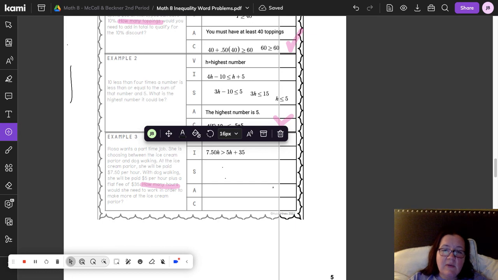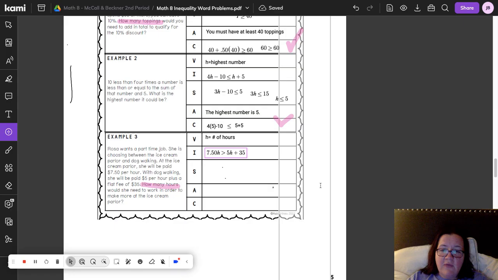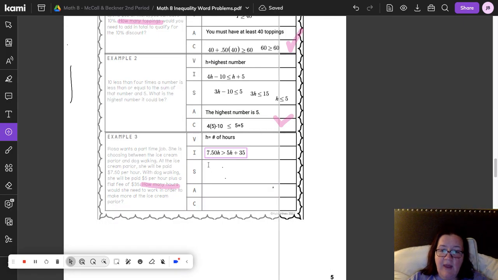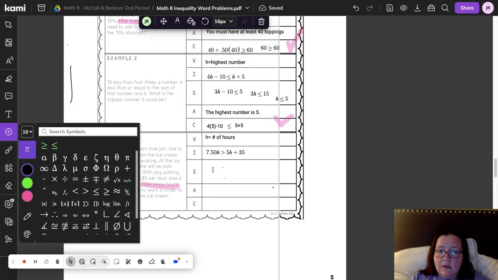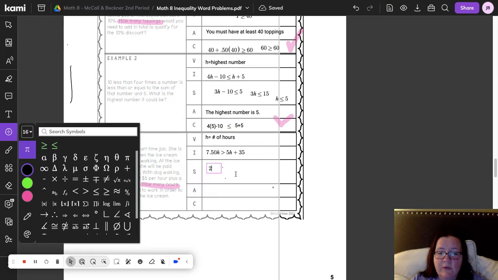Okay, so now we're going to go ahead and solve this. So first thing we're going to do is move that 5h to the left side. 7.5 minus 5, we're going to subtract 5h because we are combining those h's together and because it is a positive number right now. So 7.5 minus 5 is 2.5.